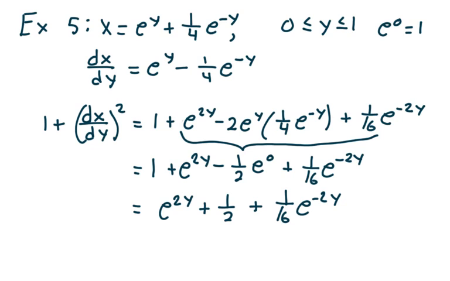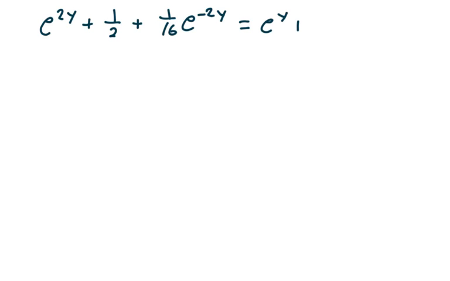But that's really nice because I claim this is e to the y plus 1/4 e to the negative y, raised to the second power. It's a perfect square.